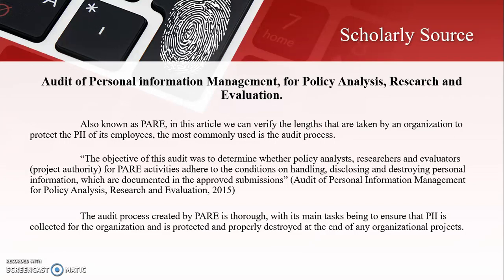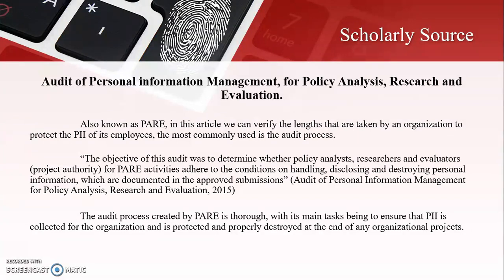Scholarly source. Our scholarly source was the Audit of Personal Information Management for Policy Analysis, Research, and Evaluation, also known as PAIR. In this article we can verify the lengths that are taken by an organization to protect the PII of its employees. The most commonly used is the audit process.